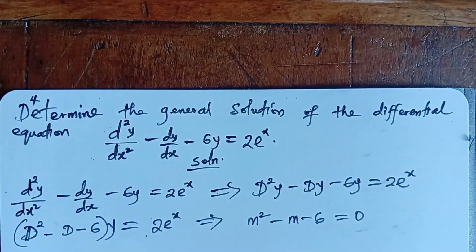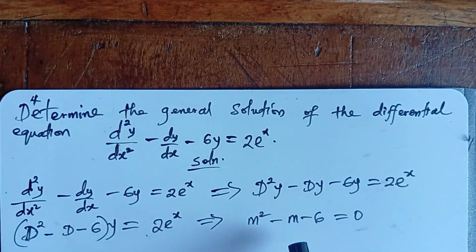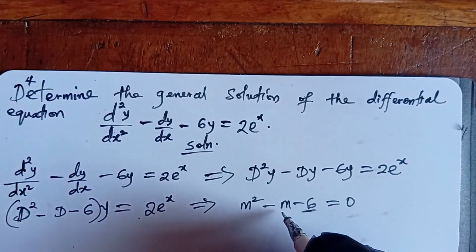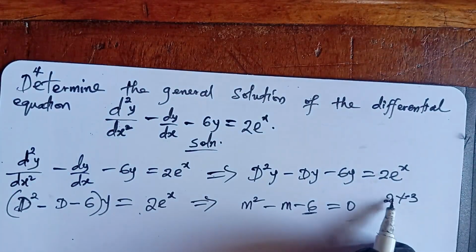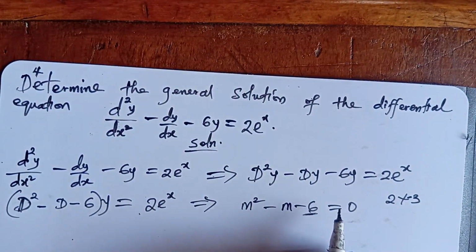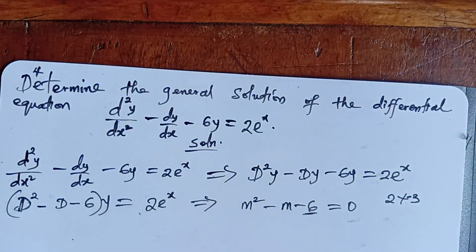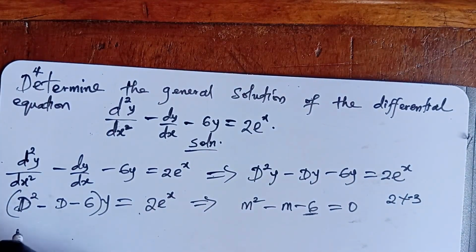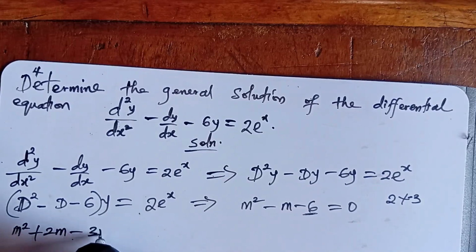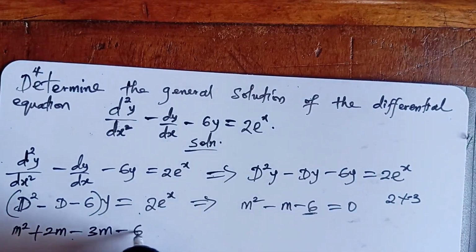0. So we'll try to solve this quadratic equation by looking for two numbers whose product is minus 6 and whose sum is minus 1. 2 times minus 3 is minus 6, and 2 plus minus 3 is minus 1. So the equation is this now. We have m squared plus 2m minus 3m minus 6 equals 0.